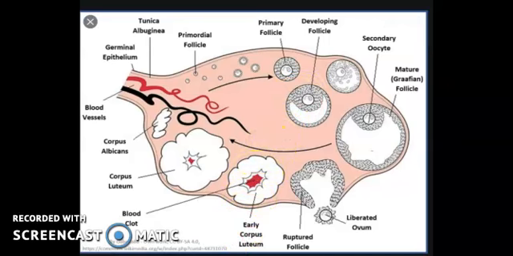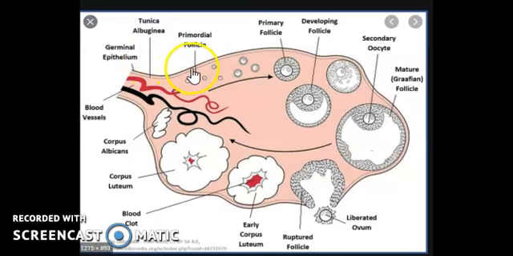The process of oogenesis starts much before the birth of the female baby, and by the end of 12 weeks the ovary is fully formed. It has more than 2 million primordial follicles. The cells of the germinal epithelium give rise to the primordial ovarian follicles.